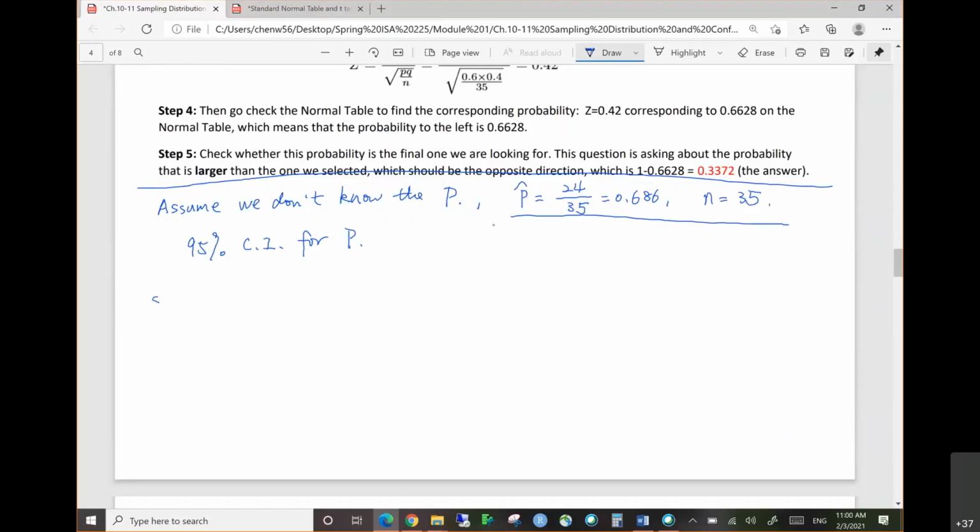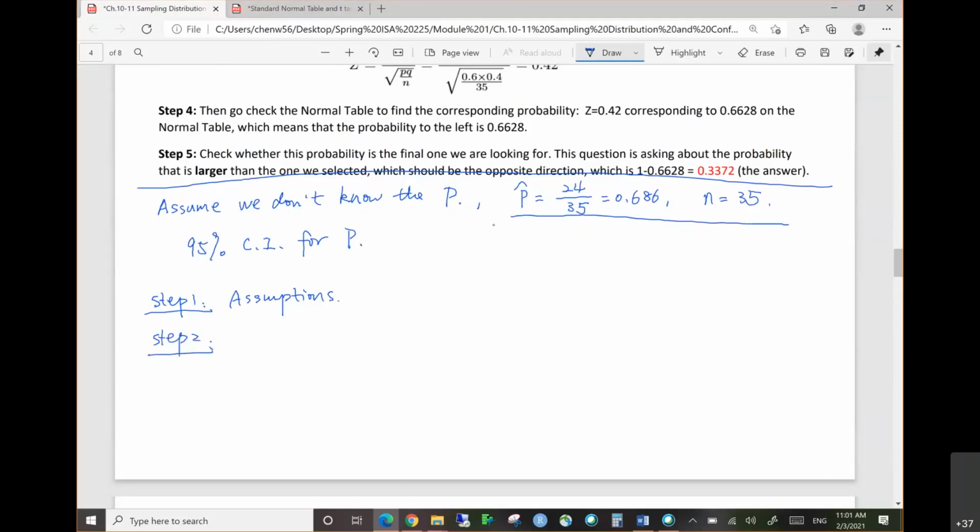Step 1. What will be your step 1? Remember, check the assumptions. This is always your step 1. Since in the last class we have already checked the assumptions, we will not check them again here. Let's just go to step 2.